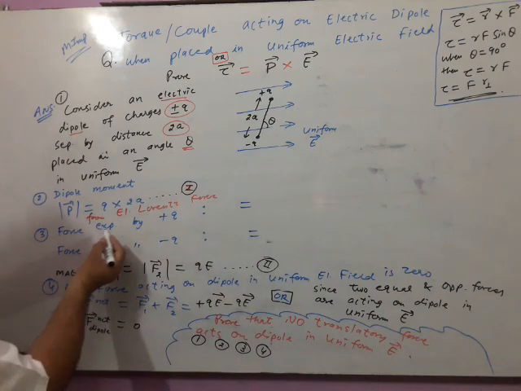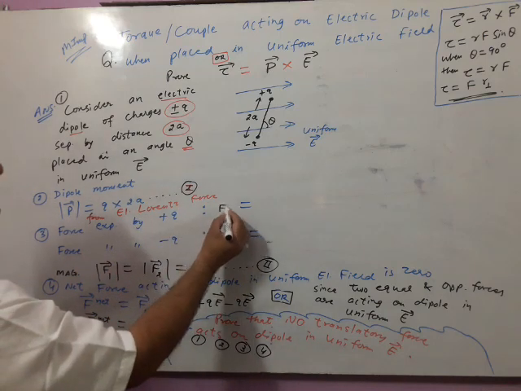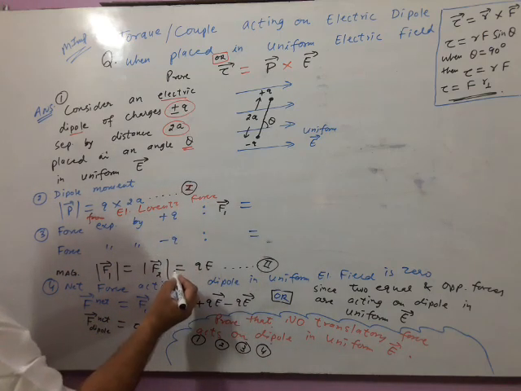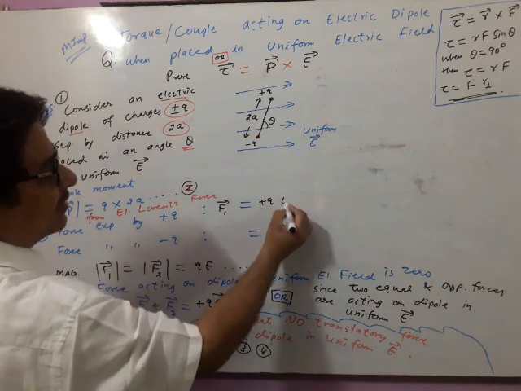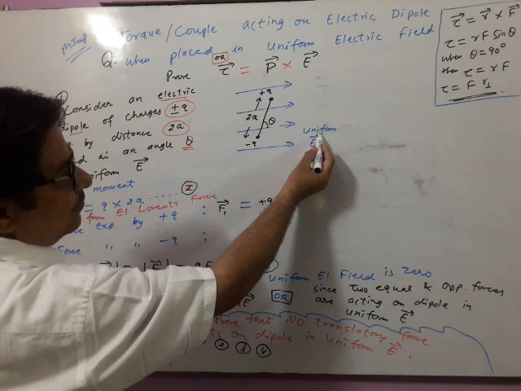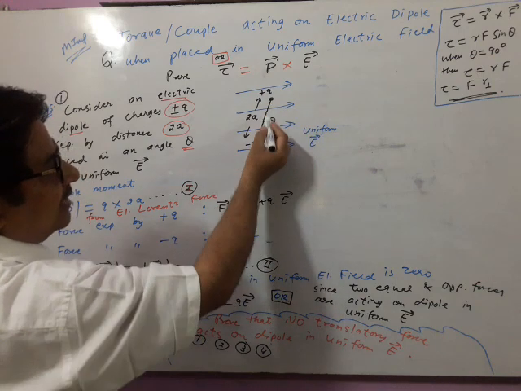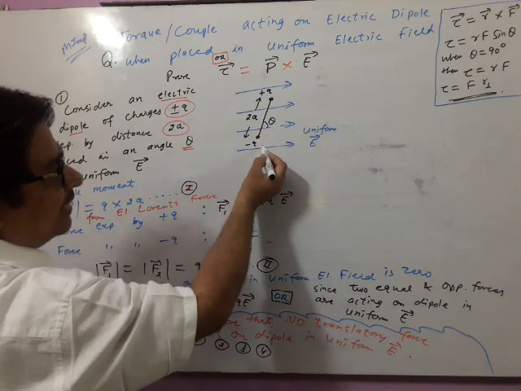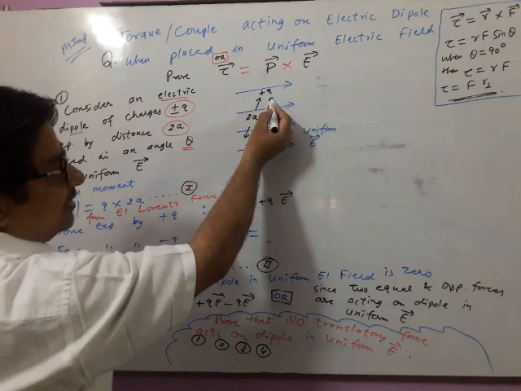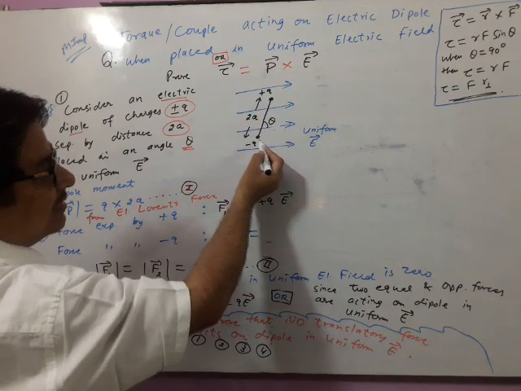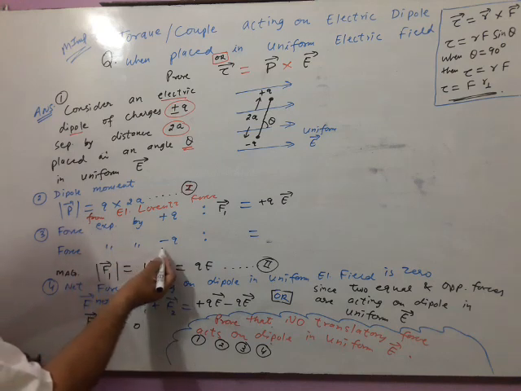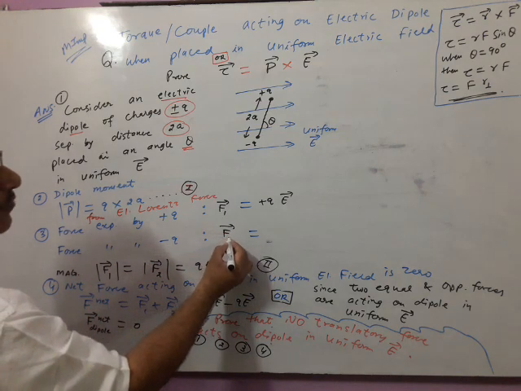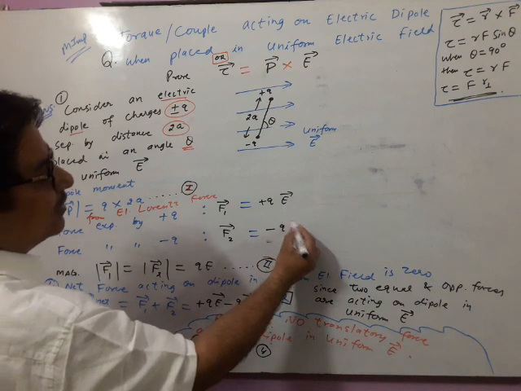First of all, force experienced by plus q, let us say it is F1 vector. So force on this will be plus q into E. Electric field is uniform. Everywhere in the region it is constant in magnitude and direction. मतलब जो field यहाँ है वो हर जगह है. That is called uniform. So force experienced by minus q will be F2 vector, minus QE.